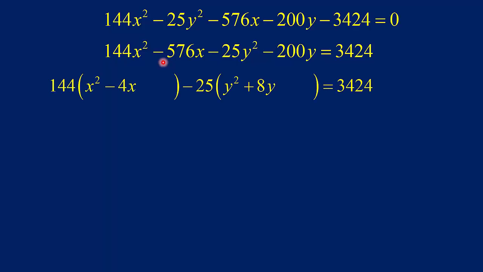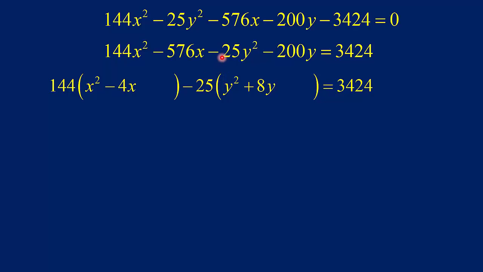So I'm going to complete the square with the x terms and with the y terms. And in both cases, we need to make sure that the squared term has a coefficient of 1. So I need to factor out the 144 here for the x's. See, I factored it out, and that leaves x squared minus 4x. See, because 144 times negative 4 is negative 576. So I'm set up for the x's, now also for the y's.